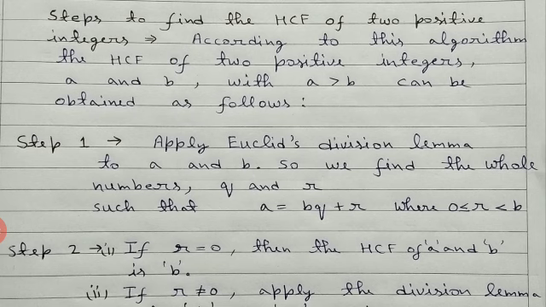Step first, apply Euclid's division lemma to a and b. So we find the whole numbers q and r such that a is equal to bq plus r, where r is greater than or equal to 0 and less than b.